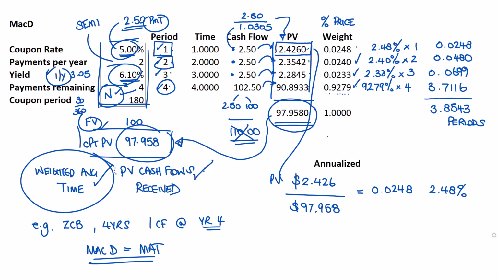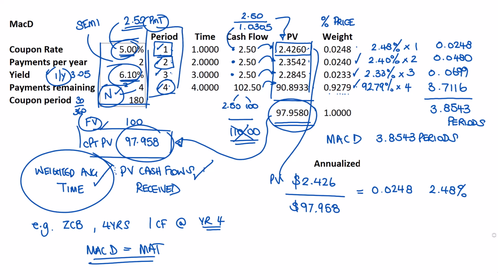That tells me the Macaulay duration for this bond is 3.8543 periods. The weighted average time until I receive the PV of cash flows is 3.8543 periods, but that is based on these 6 monthly periods.